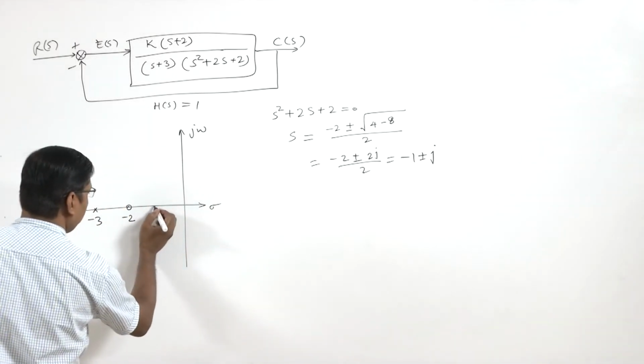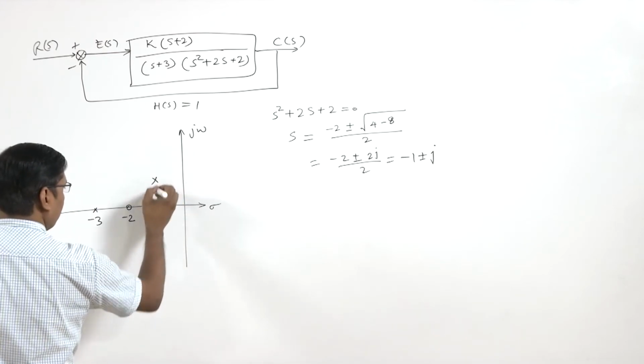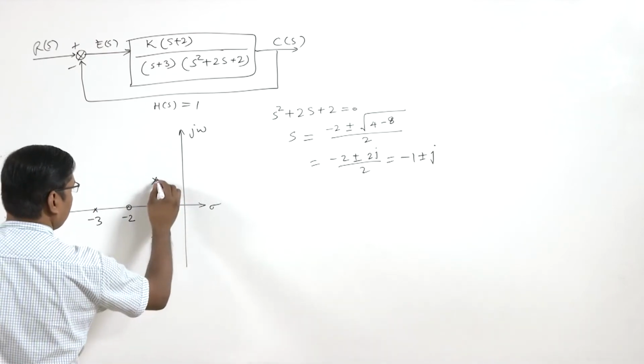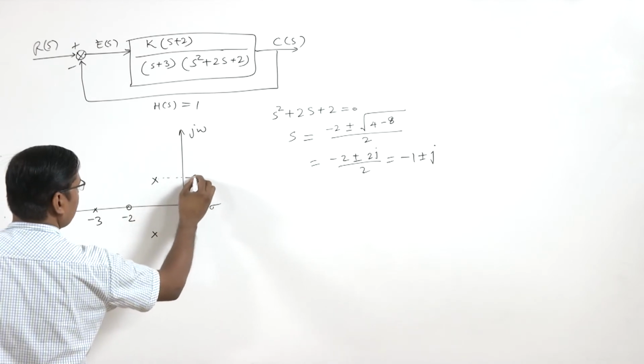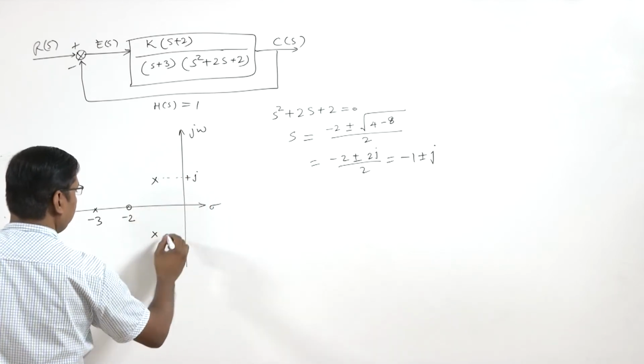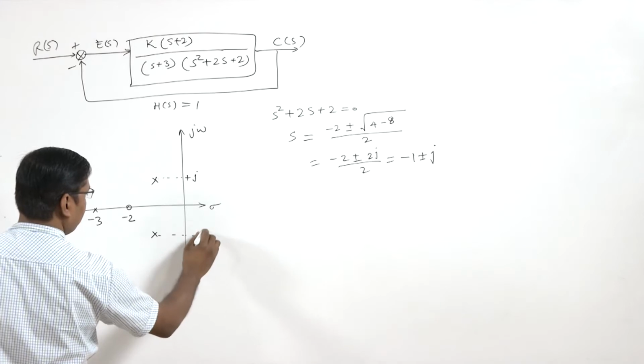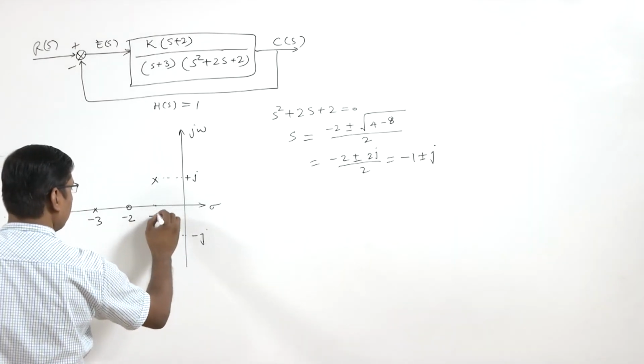So here is this pole: this is +j, this is -j, and this point is -1.